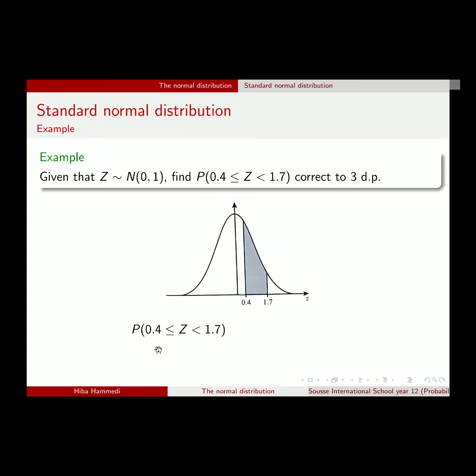Now the probability of Z between 0.4 and 1.7 is equal to the difference of phi of 1.7 and phi of 0.4, because it's the difference between the two areas. So the first area is this one. The first area of phi of 1.7 is the whole area here.